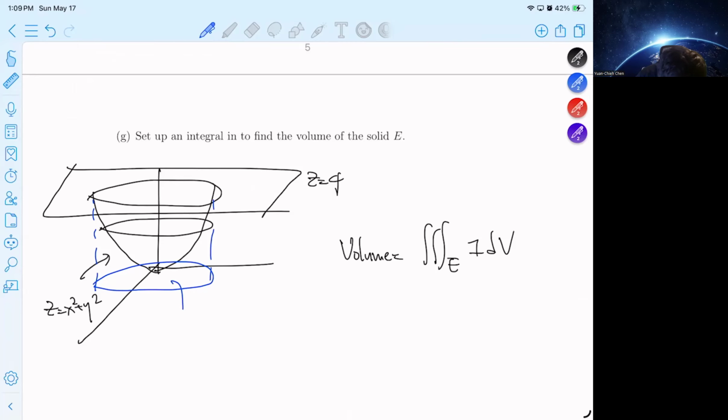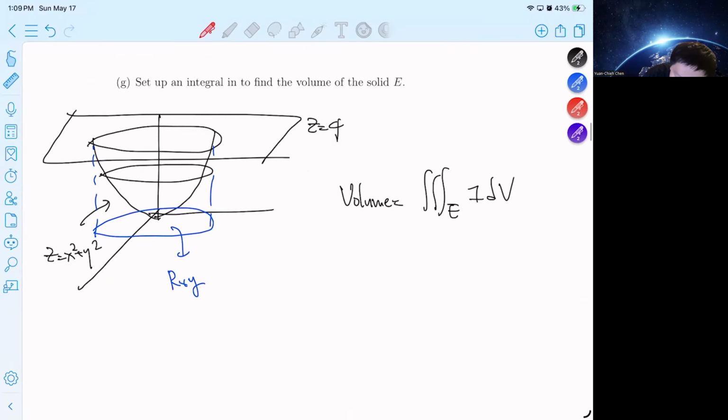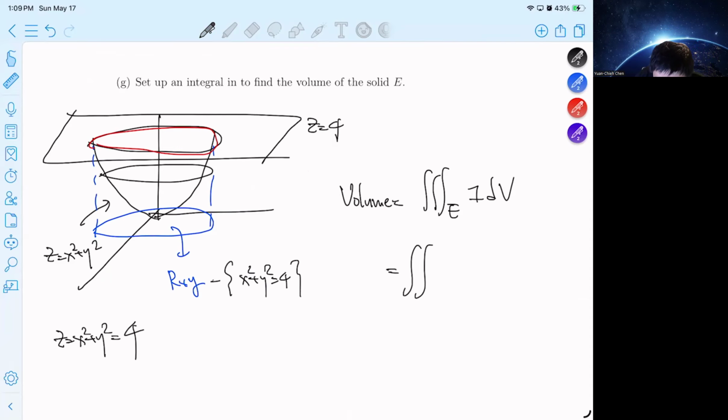In this case, we write this region as R_xy, if you remember this. In order to find this, we need to find where z equals x squared plus y squared equals 4. So R_xy is x squared plus y squared equals 4. Now this will be the double integral over R_xy of the integral of 1 dz dA.